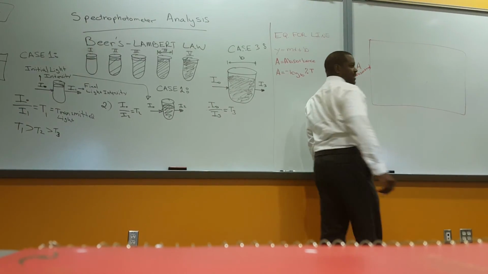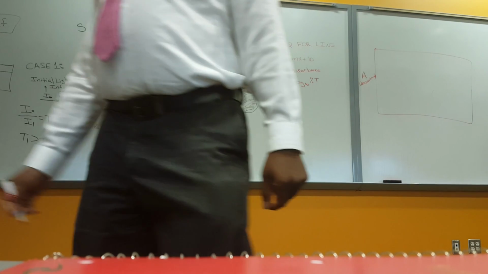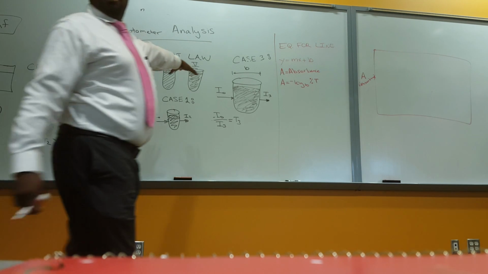Okay. What's going to be my x-axis? Because the more light is absorbed, that means what? The higher my concentration. So my x-axis is going to be my concentration of my solutions.